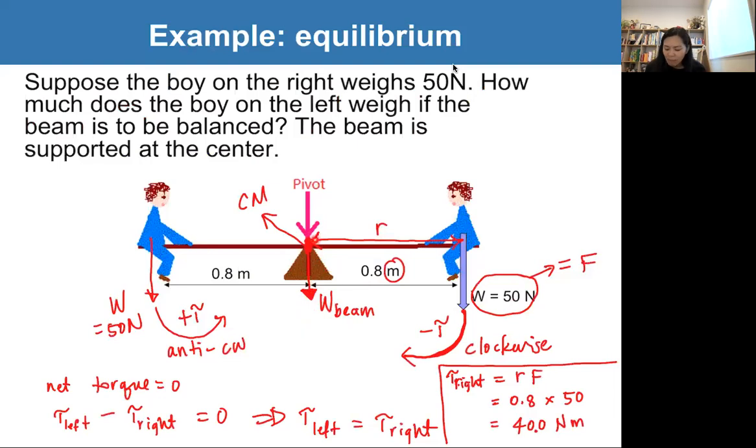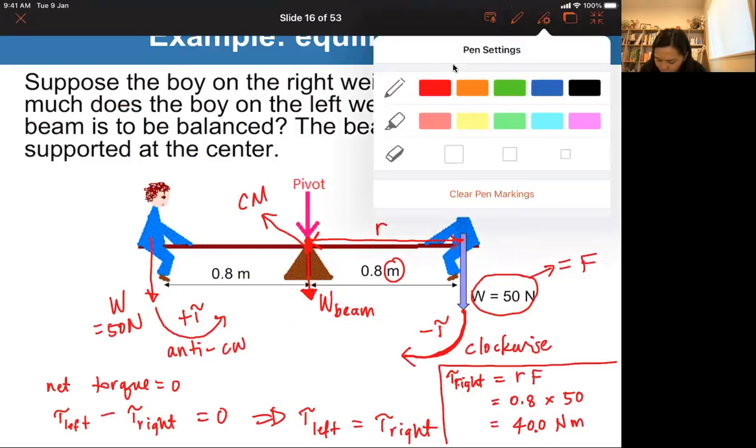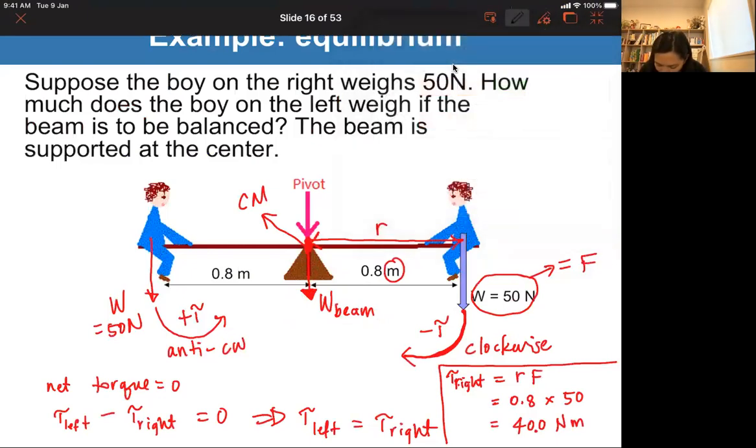And so this is the example where you choose your pivot point so that you disregard any forces that you don't want to consider. Technically speaking, if you draw the free body diagram of the beam, you should also have a normal force directly upwards, because you have this support that is supporting the beam.